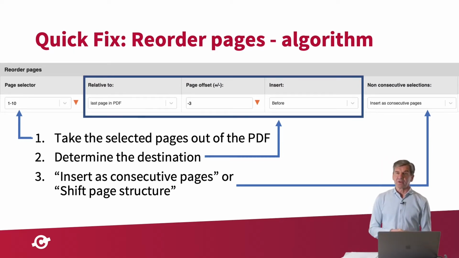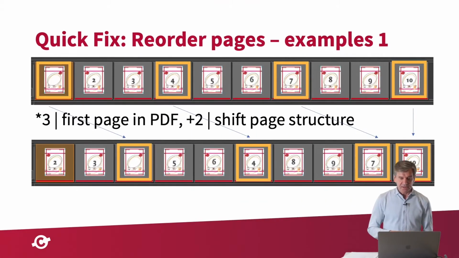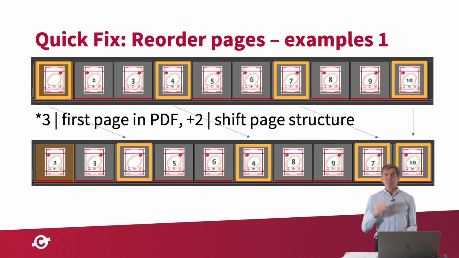Then you have yet another option, which says insert the selected pages as consecutive pages, meaning one page of the selection follows the other, or you shift the page structure. I have an example for that, so maybe then it becomes more clear. *3 selects every 3rd page. Then I say my destination is the first page in the PDF plus 2, so I go 2 pages to the end.